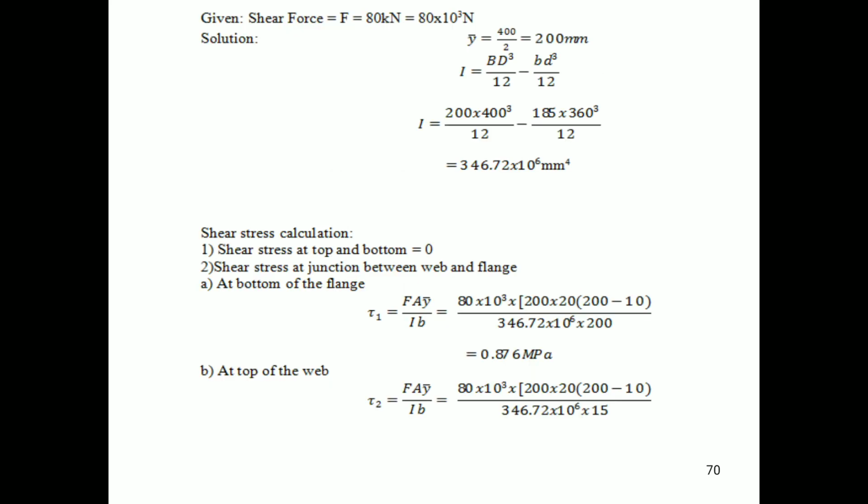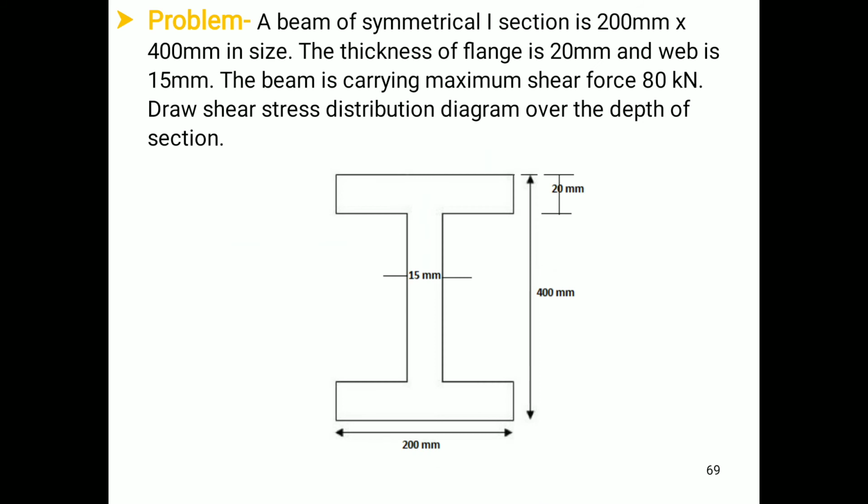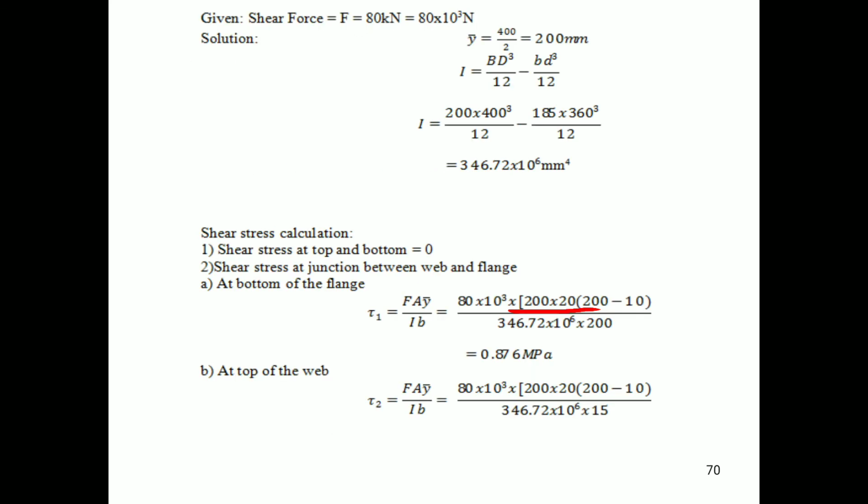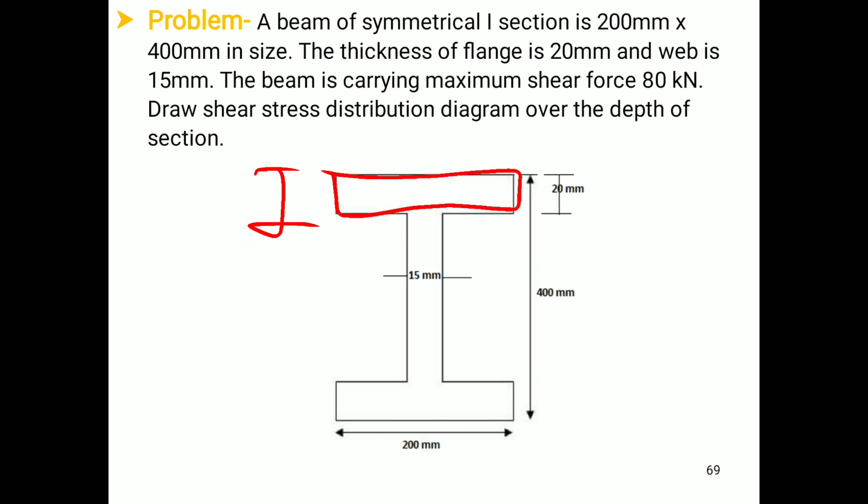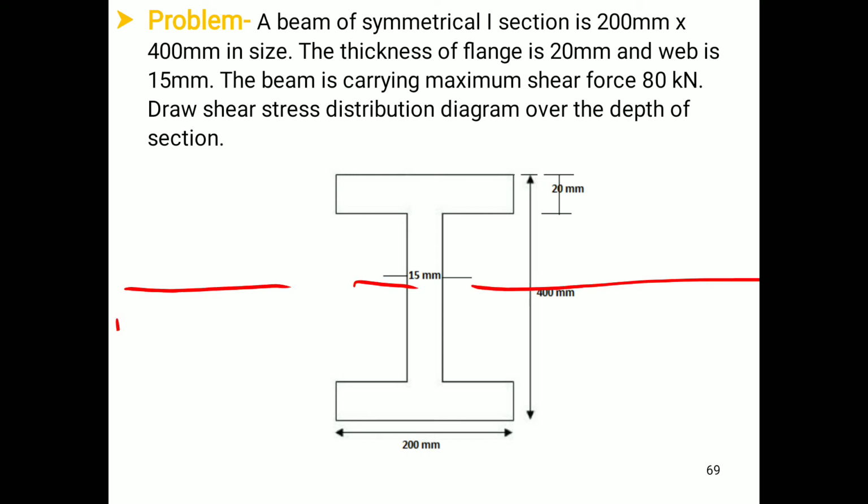Area will be 200 into 20 because this width is 200 and its thickness is 20. Therefore, that area we have considered over here. Now, what is y bar? Remember that it's a very important concept because most students get confused while finding the value of y bar. Suppose this is the neutral axis for the entire section.